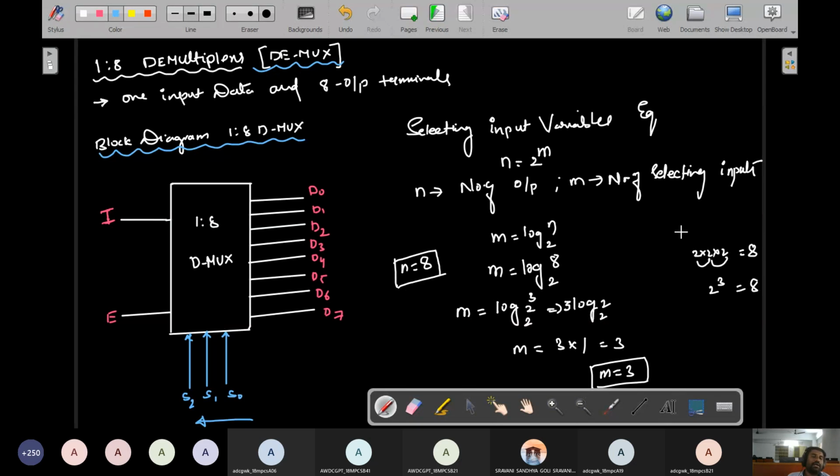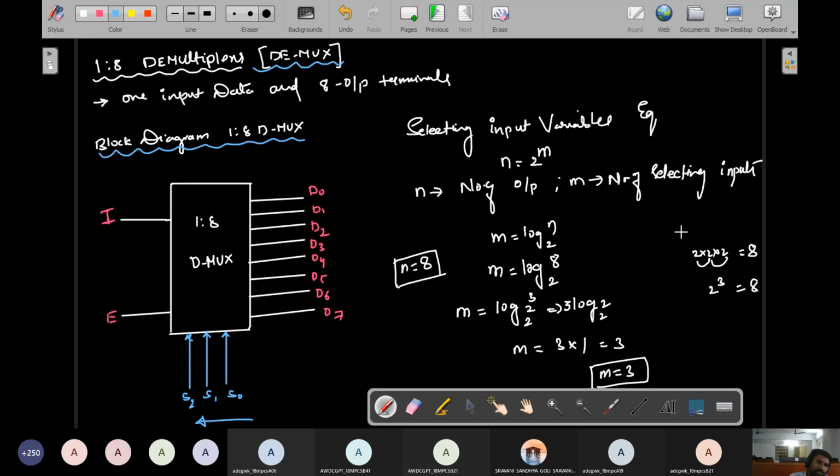Next, I'll draw the truth table of this 1:8 demultiplexer. We have 3 selecting lines, and 3 selecting lines means we will get 8 possibilities.